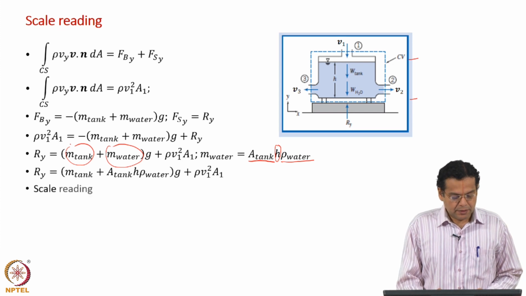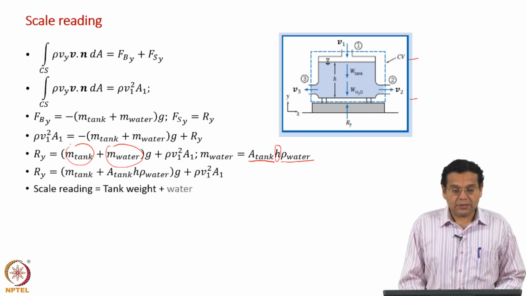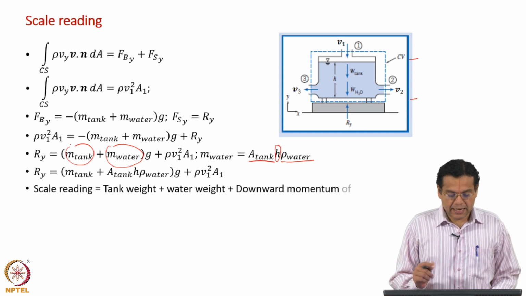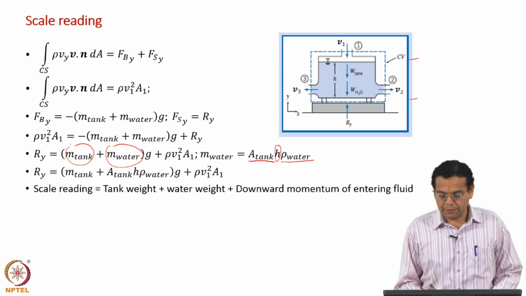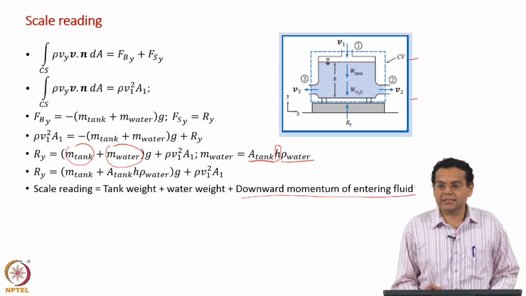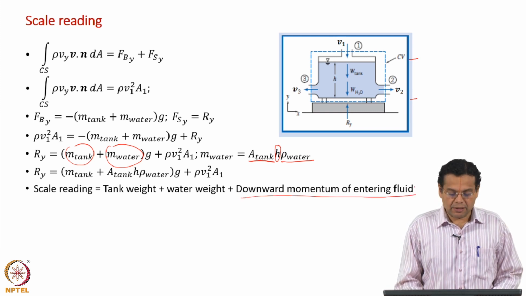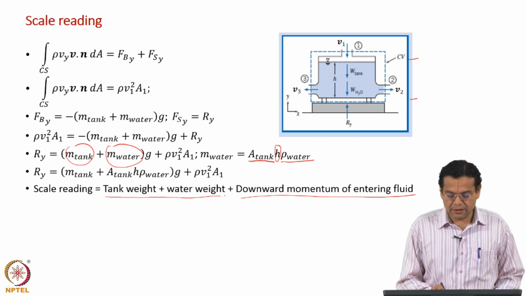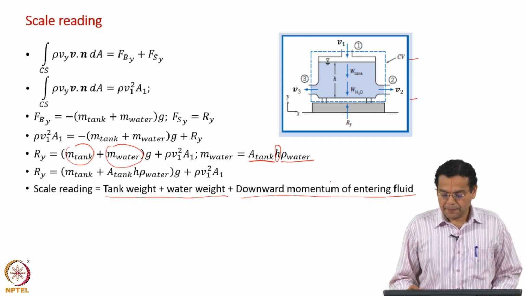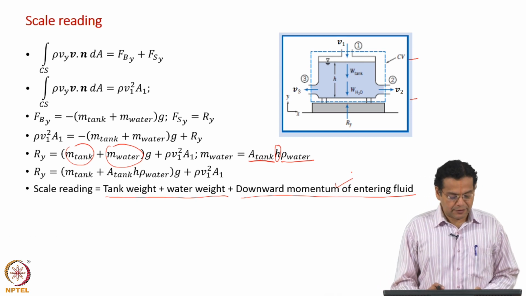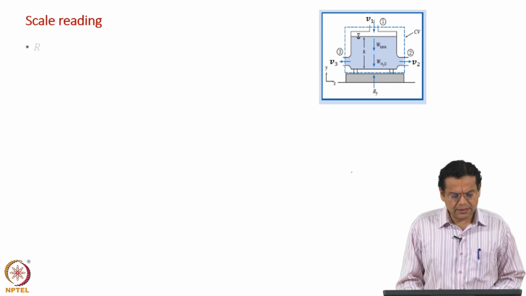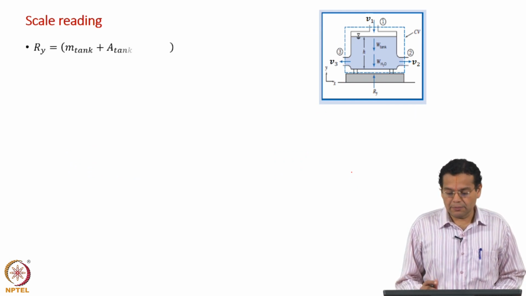Okay. So, the scale reading is the tank weight plus water weight plus the downward momentum of entering fluid, that is the extra term which you have taken into account. These two terms are very well familiar to us. The extra term based on this example is the downward momentum of entering fluid. Okay, let us substitute the values given in the problem.